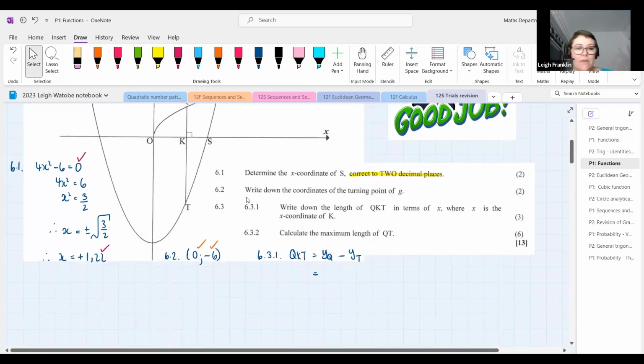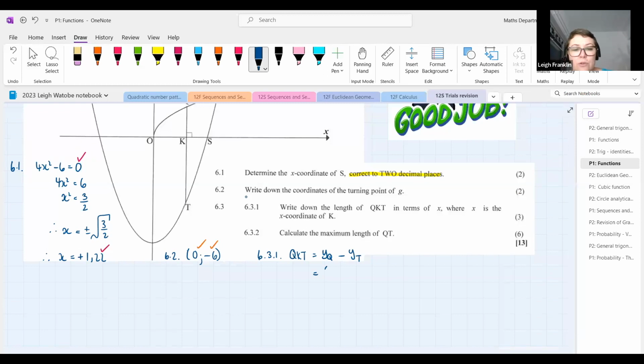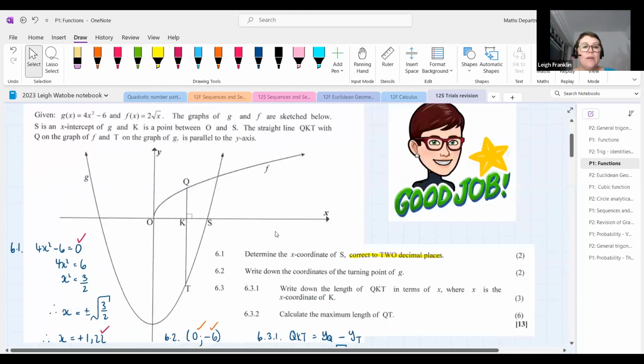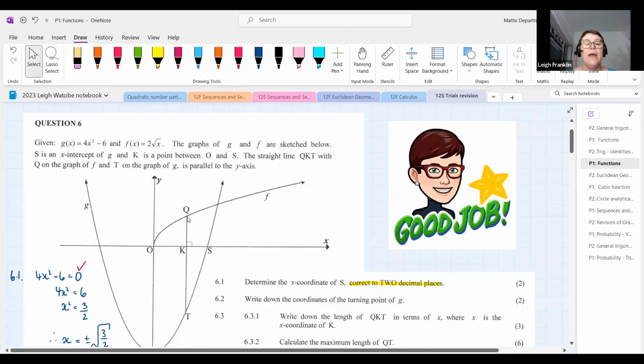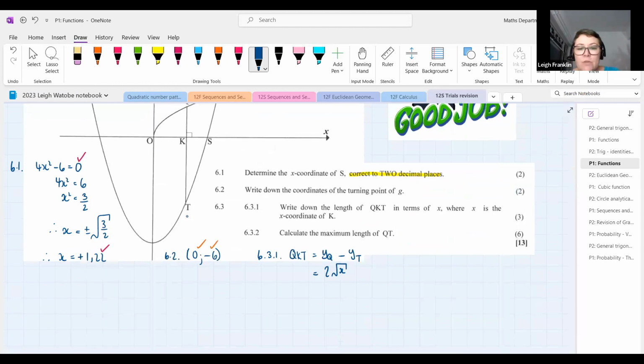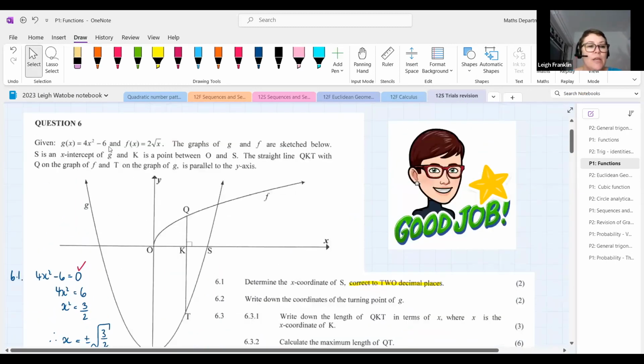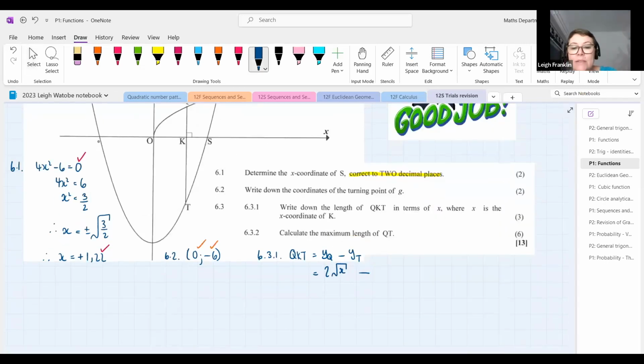Does that make sense to everybody? So this is 2 root x. That is the y at q because q is a point on f and f of x is equal to 2 root x. Remember, f of x means y. Minus the y at t. T is a point on g. So g of x is 4x squared minus 6.